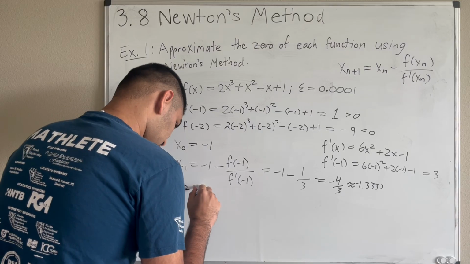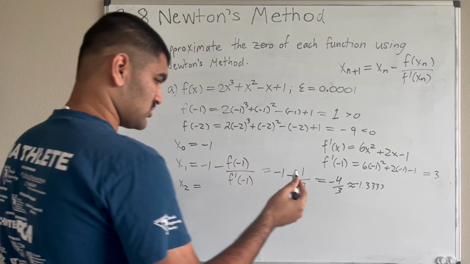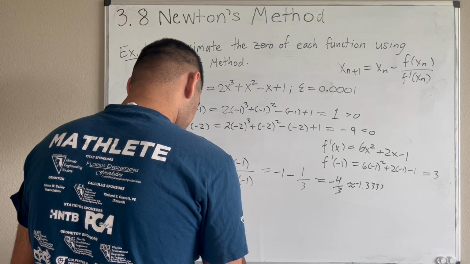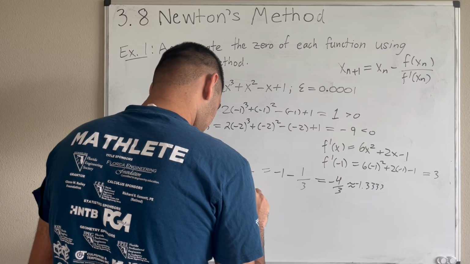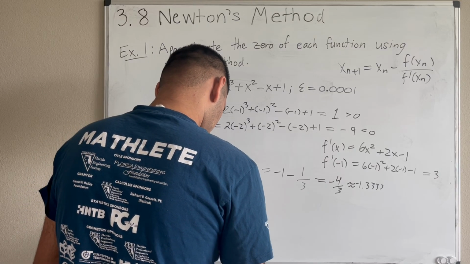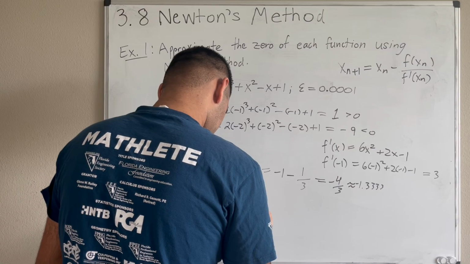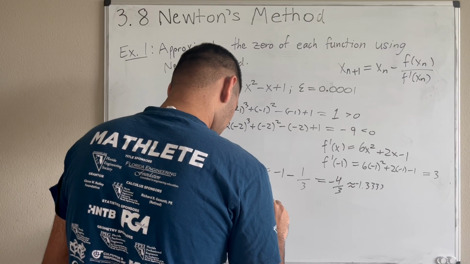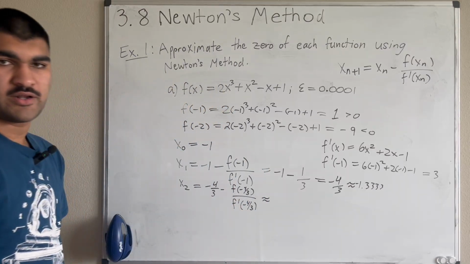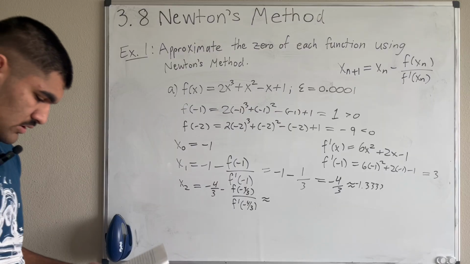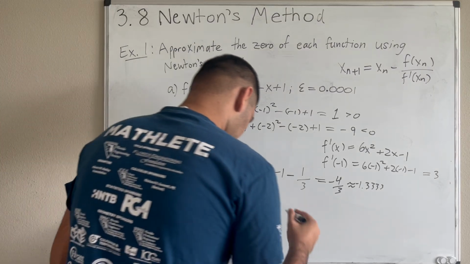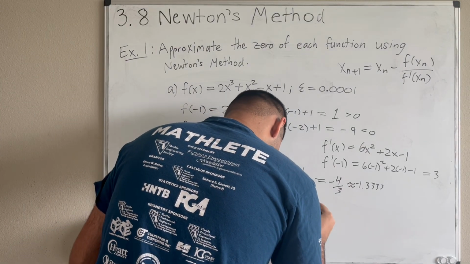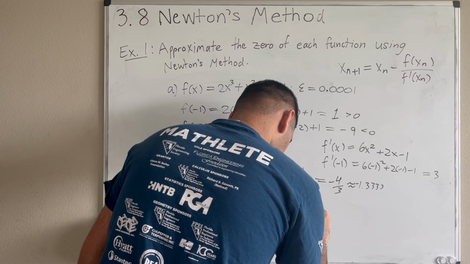All right, so x2 is equal to x1, which is -4/3, minus f of -4/3 all over f prime of -4/3, right? You can go ahead and put this into your calculator real quickly. Okay, and you should get a value of approximately -1.2434.